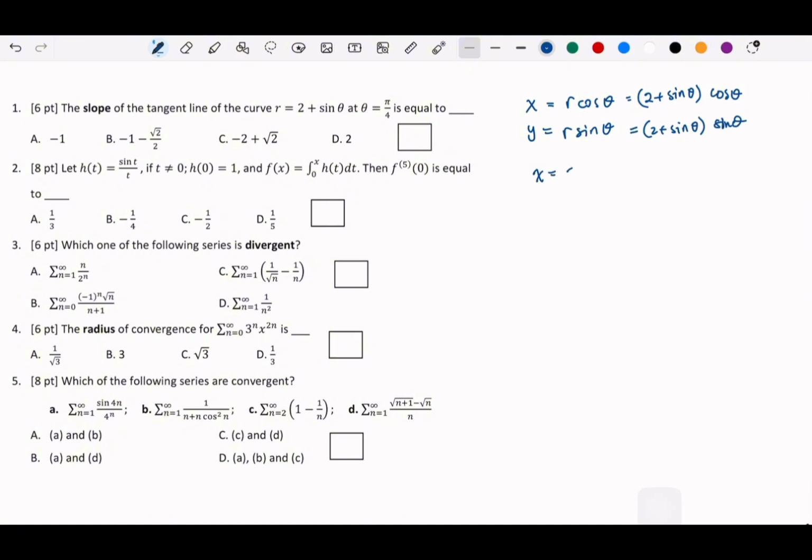So x is 2 cosine theta plus sine theta cosine theta, which I will write as half of sine 2 theta from the double angle formulations in sine, and y will be 2 sine theta plus sine squared theta.